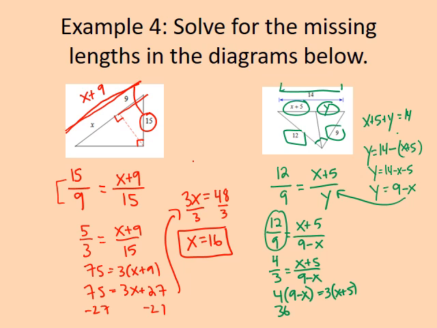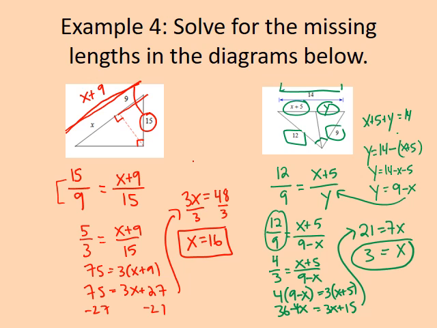So we have 36 minus 4x equals 3x plus 15. Let's go up here. And we end up with 36 minus 15, sorry about that, is 21. And then we have 3x plus 4x, which is 7x. And then when we divide both sides by 7, we get x to be 3.